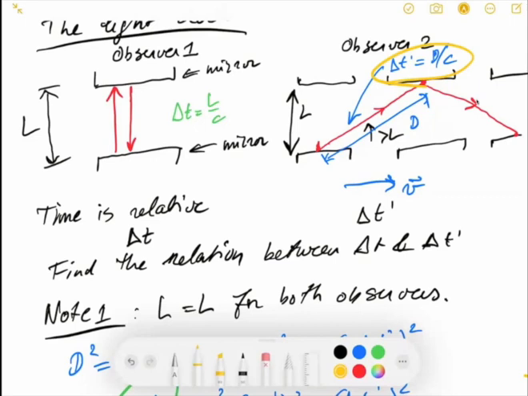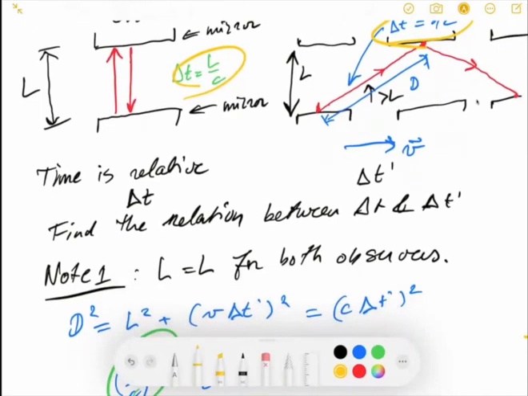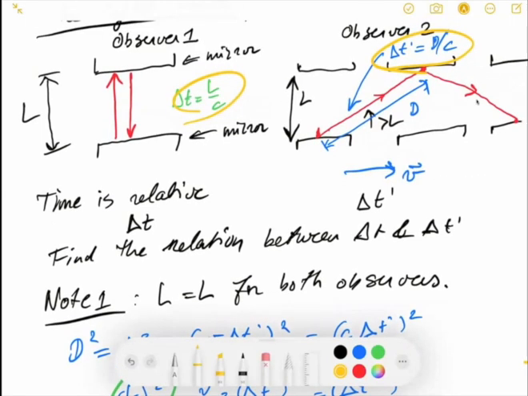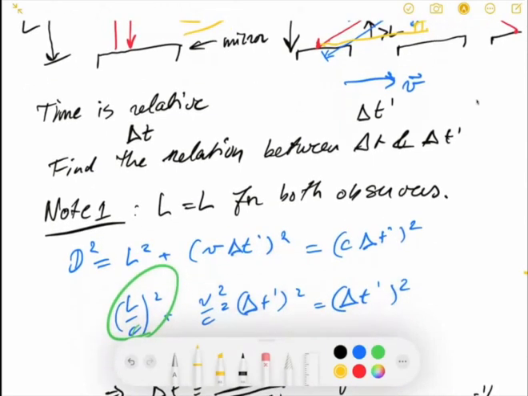Whereas for observer 1, delta t is just L over c. Okay, so then it just becomes a Pythagoras problem. So we have our Pythagoras, and we'll say, well, the distance traveled, d squared is L squared plus whatever that horizontal displacement is.